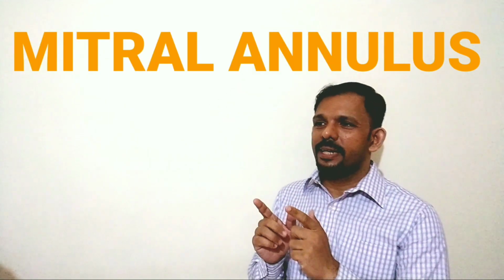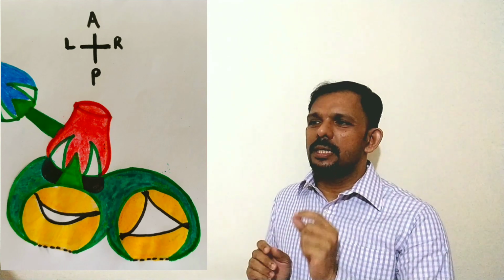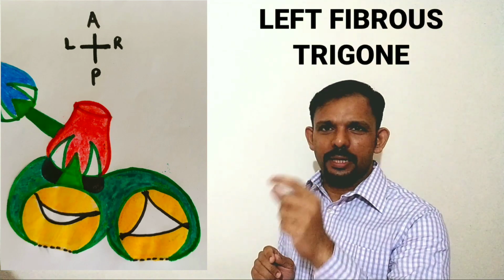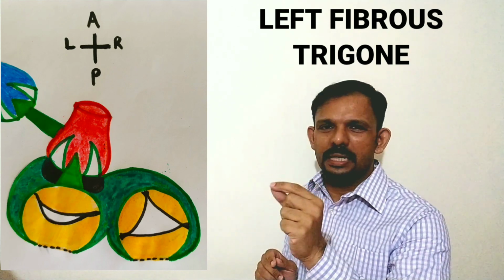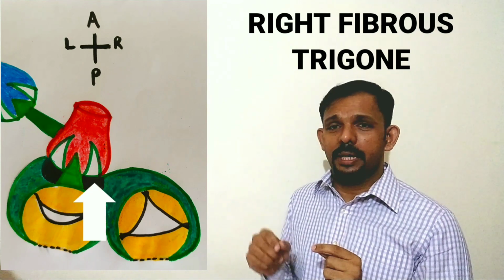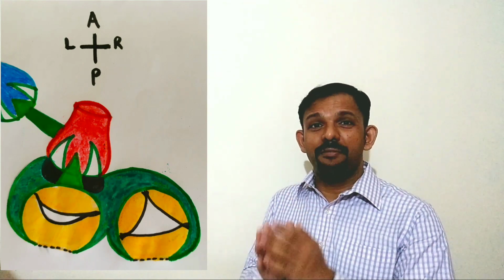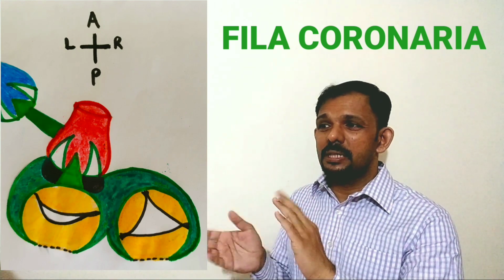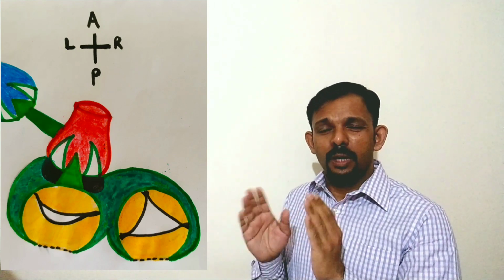Again, if you look at the diagram over here, you can see the left fibrous trigone, which, like I showed before, is a condensation that is shown black in color, and you also have your right fibrous trigone from the diagram, plus you have the filum coronarium, which are attached respectively to these 2.